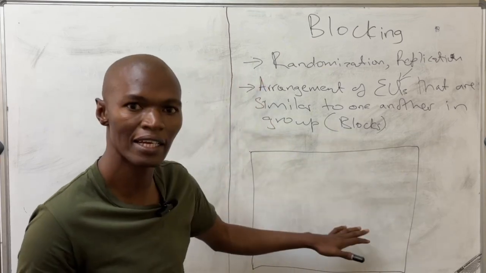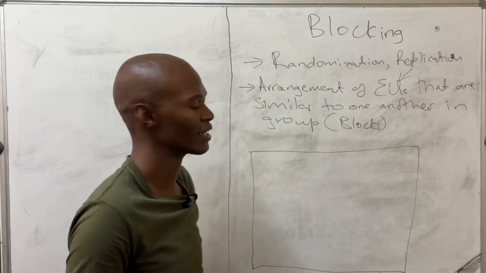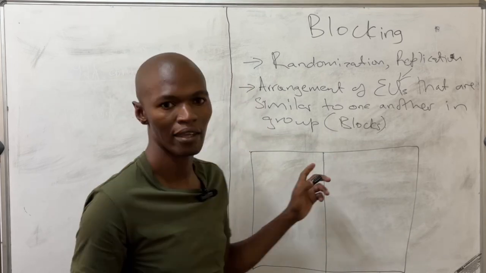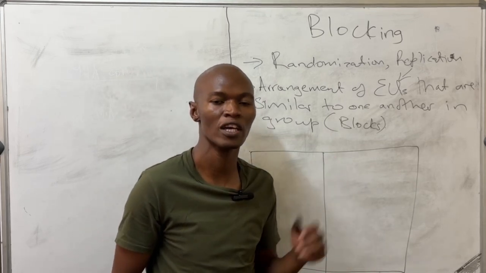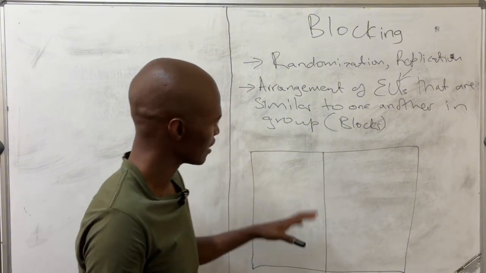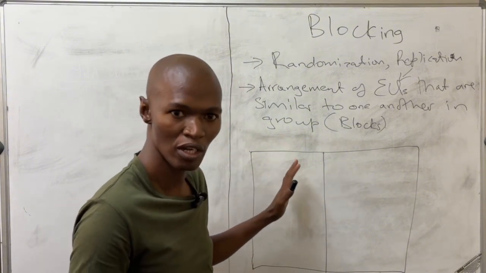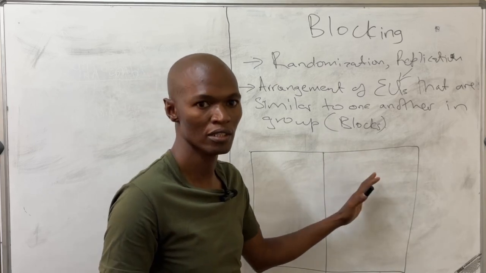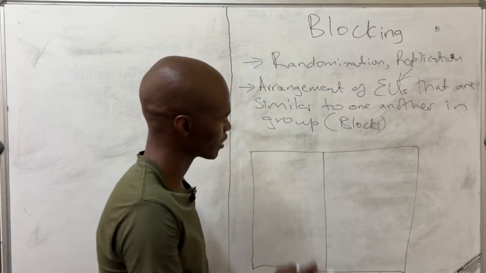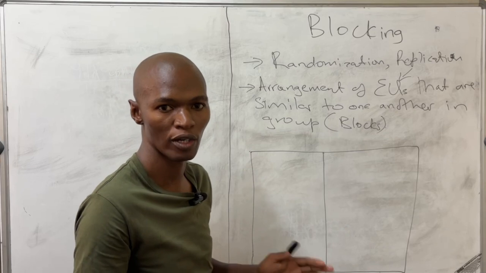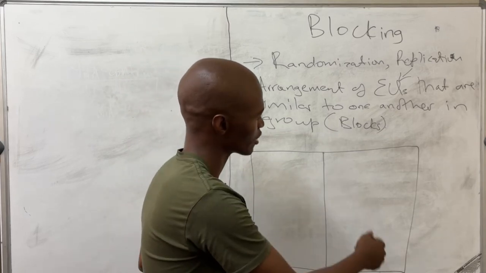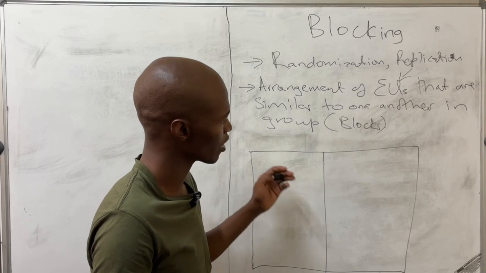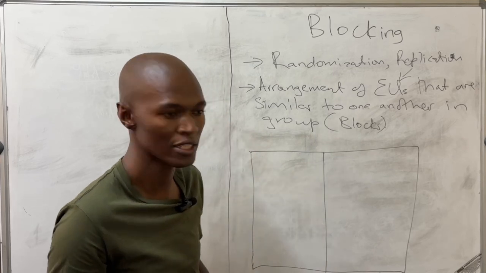Once you observe the land, you find out that one side of the land experienced soil erosion, while on the other side there is no soil erosion. So as a researcher, you are forced now to group your plots, not having the plots all over your land. You have to group your plots based on the soil erosion history.